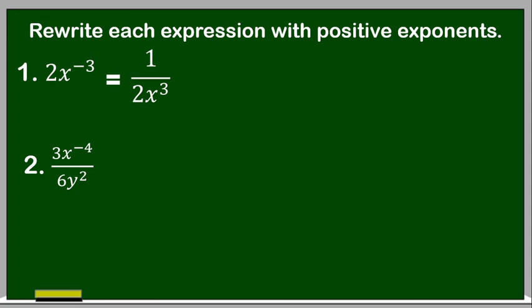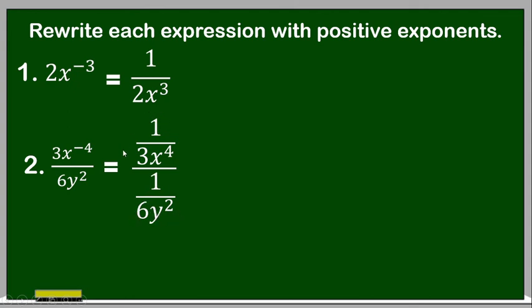Getting its reciprocal, we will start with the numerator. We have 1 over 3x to the fourth power all over the reciprocal of the denominator. We have 1 over 6y squared.